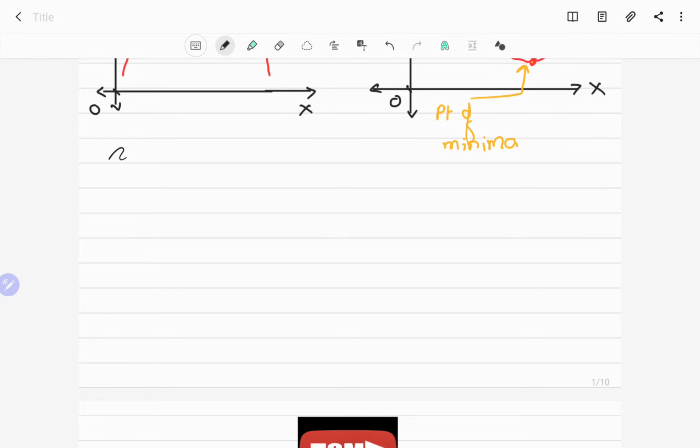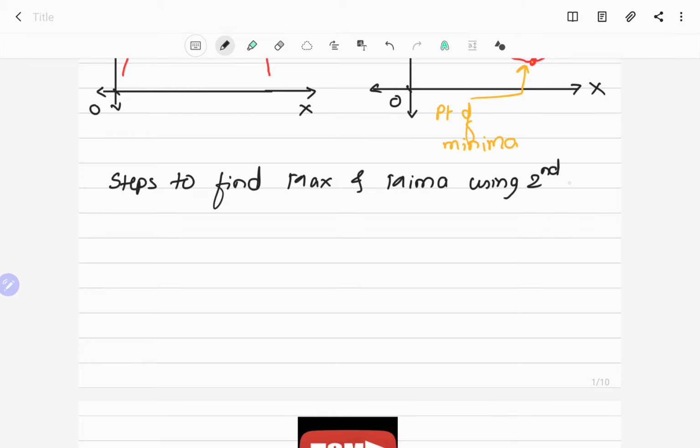So here I am writing the steps to find maxima and minima using the second derivative. Before that, let's say they will provide you a given function.